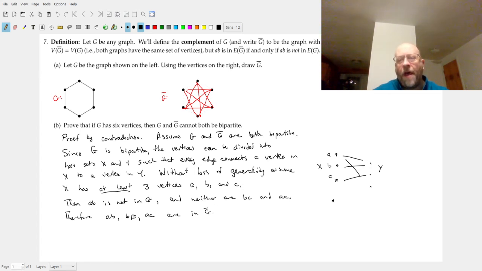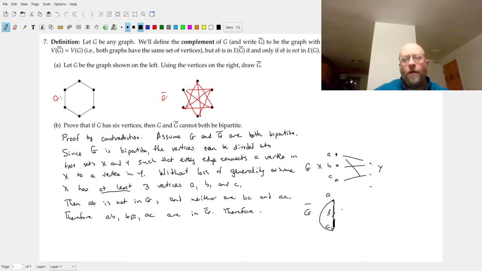But if I have A, B, and C in G bar, and AB are connected together, and BC are connected, and AC are connected, that's a cycle with 3 vertices in it, which is an odd cycle.